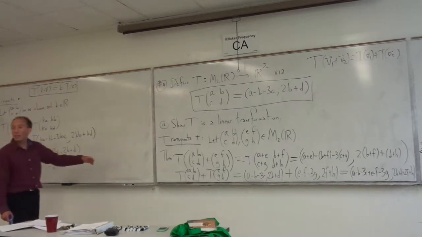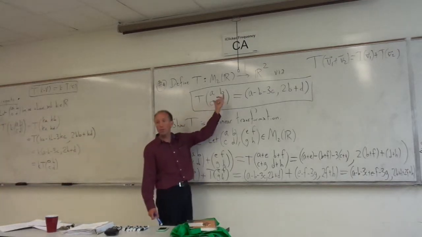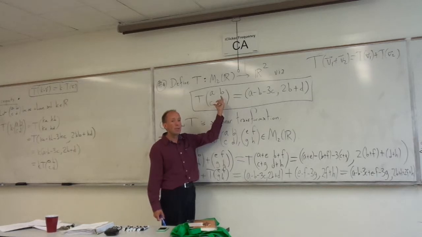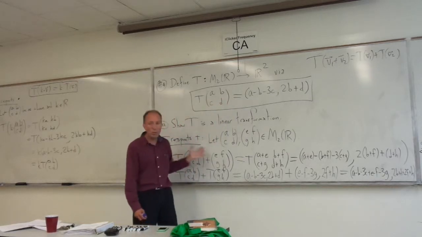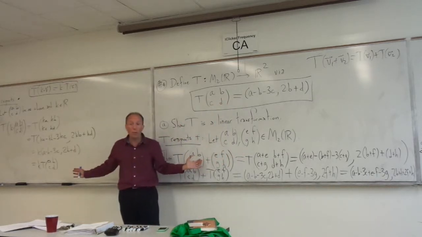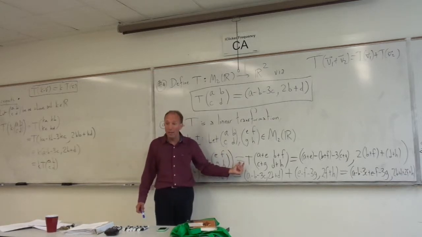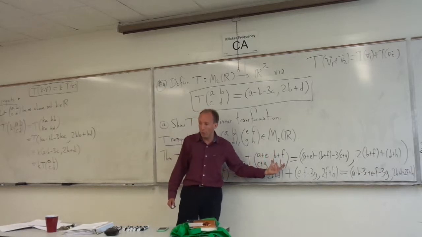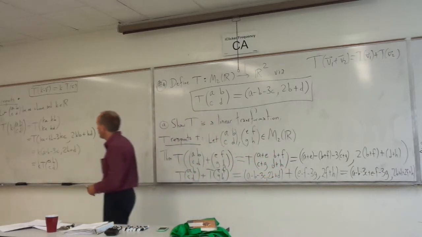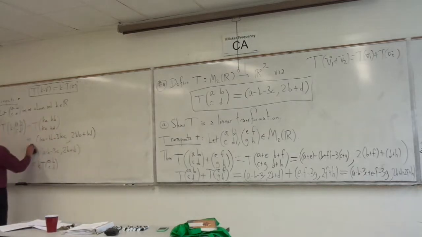But your T does not transform vectors in R2. T only accepts matrices. What you're going to notice when you look at all of this work is that anytime there's a capital T, it is always applied to a 2x2 matrix. It's never applied to a vector in R2. So it may seem like an obvious thing, but I see a lot of people make this mistake.